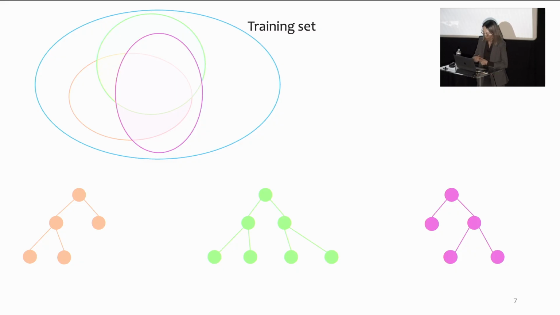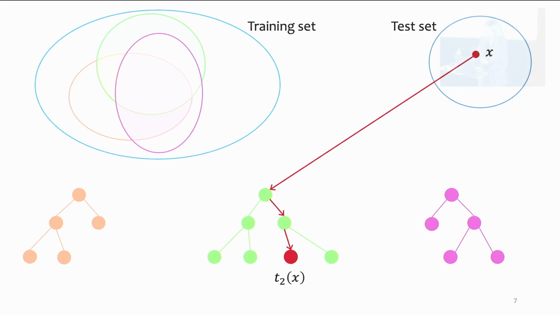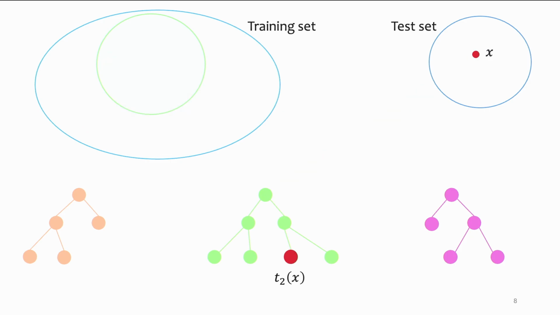So here is a test point, X, sitting in the test set. We push it through tree 2, the second tree, the green tree in the middle, and it lands in a leaf. The center prediction T2 is just the average of the training labels in that leaf. So far, normal random forest stuff.